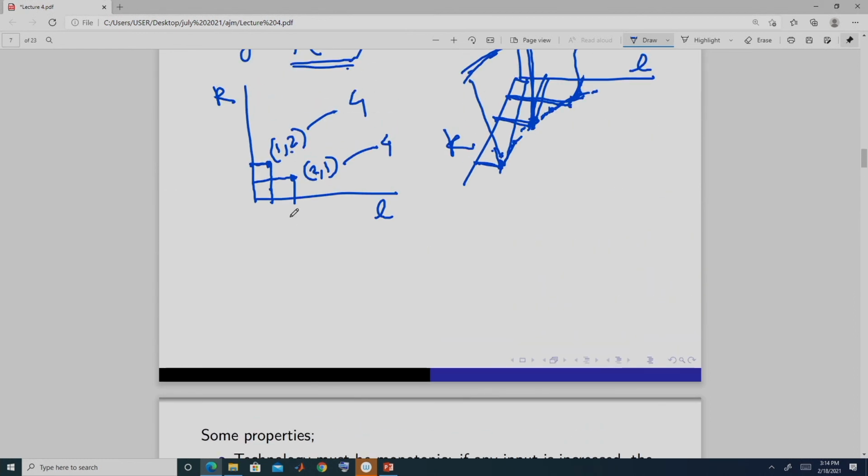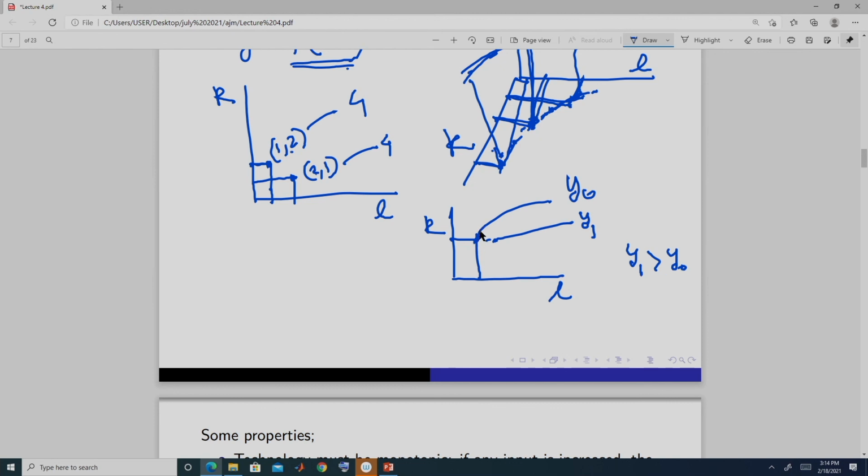It is something like this: if we take labor and capital, and at this point we get y naught units of output, by combining this much capital and this much labor, then if I increase capital, this must give me some y1 units of output, and y1 must be greater than y naught.